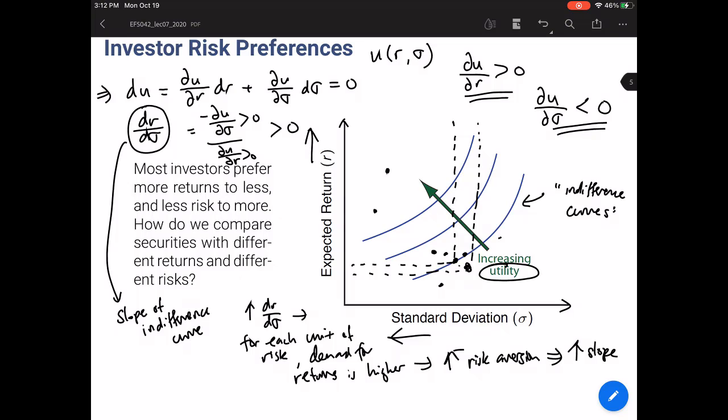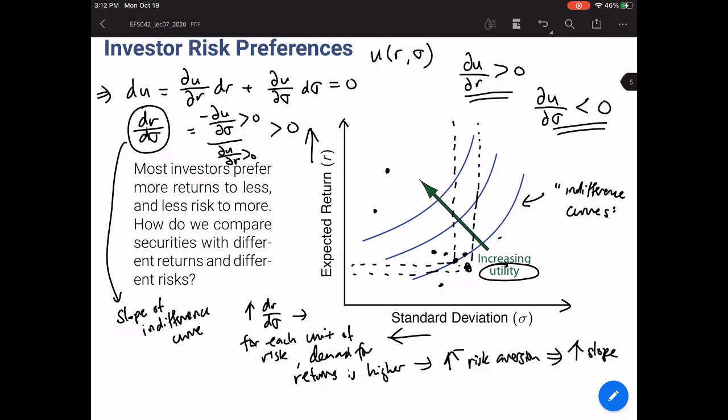We can represent this preference for disliking volatility and liking returns by taking the partial derivative of our utility function with respect to returns and volatility. We should expect a positive relationship between utility and returns and a negative relationship between utility and volatility.